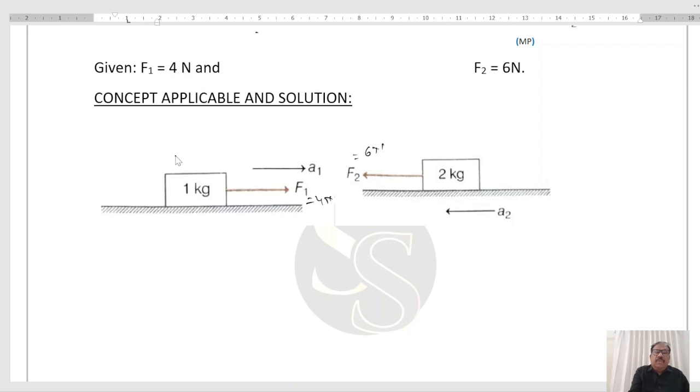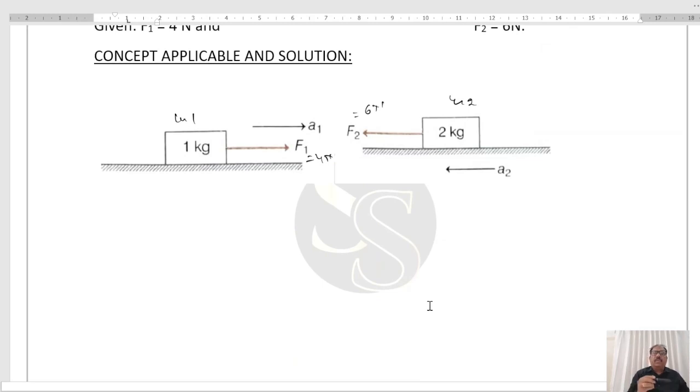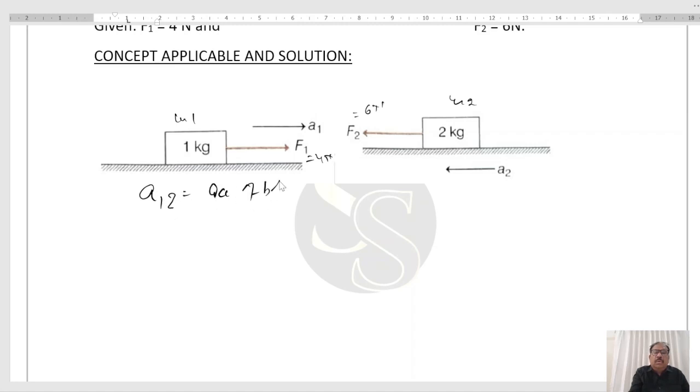Let's say this is mass M1, this is mass M2. We have to find the acceleration of block 1 with respect to 2, A12. That means the observer is at block 2.